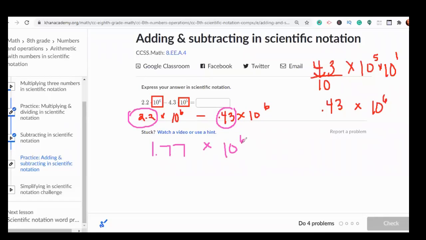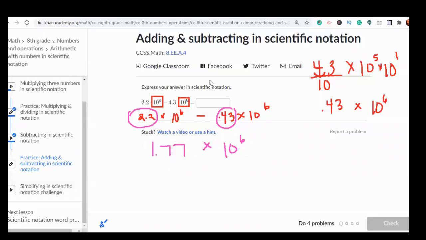So at this point, I've done most of the work. Just like on the other section with multiplying and dividing, I'm going to check and verify if my answer is written in scientific notation. I see I have some number times a power of 10, and that's good. And then I check to see if my number up front is between 1 and 10, and it is.